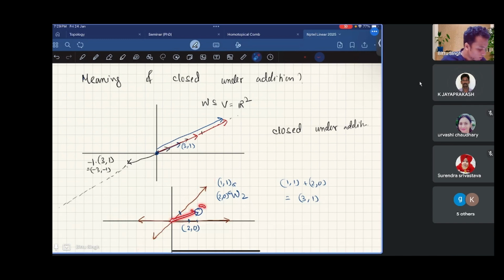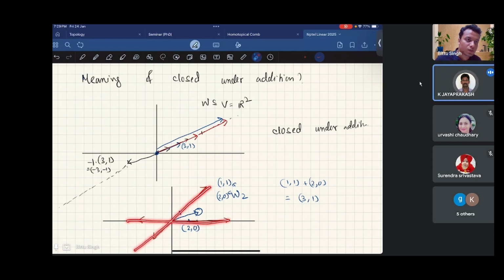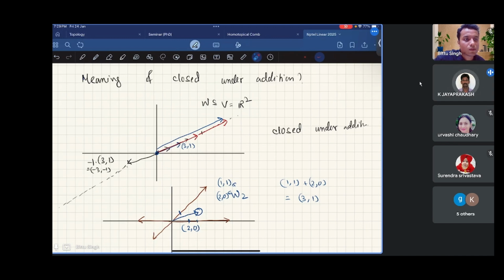Does this vector lie in this picture? I am not asking if it is lying in the plane. I am asking if it is lying on the x-axis or this line. So it is not true.